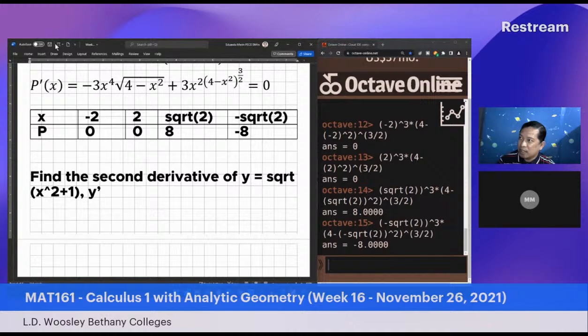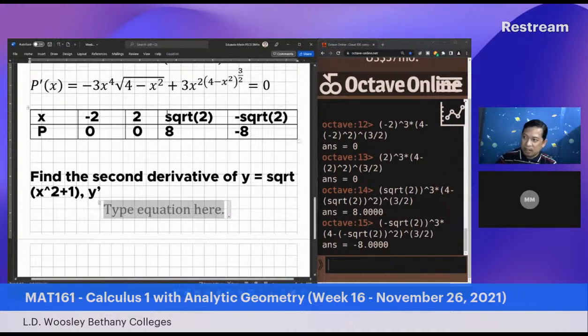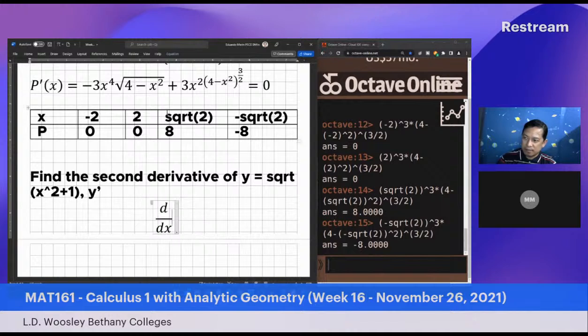Still recall the format there. The derivative of square root of u.